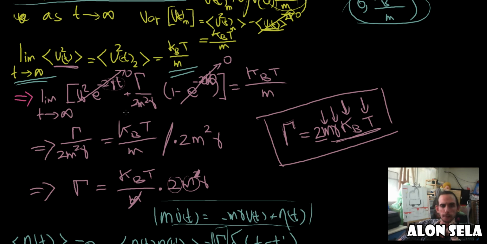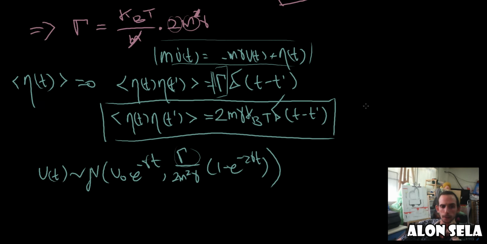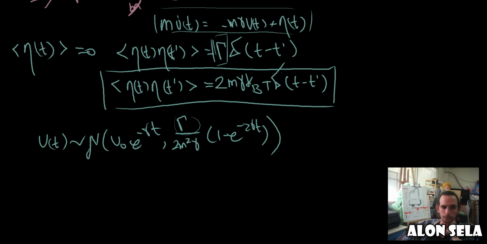And this fact led us to find this Gamma, which is 2m gamma k Boltzmann T, and now let's replace it here.